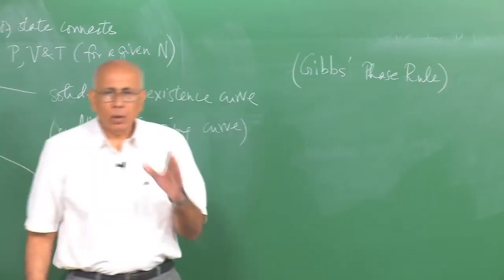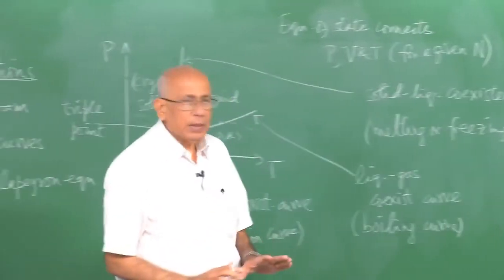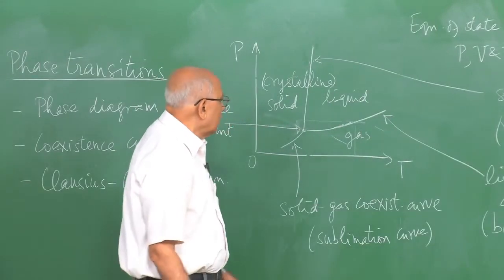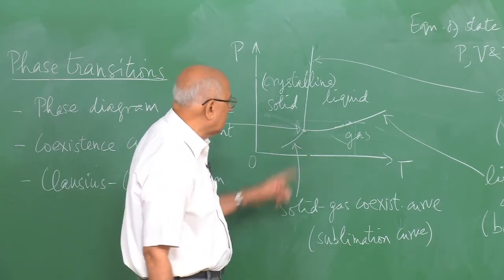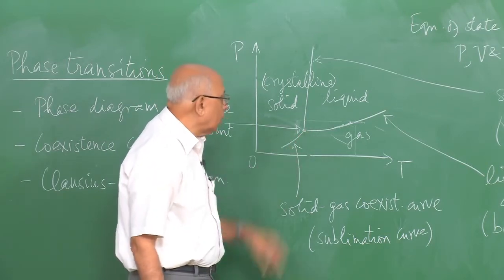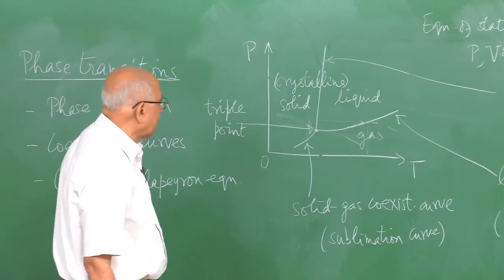For simple single component substances, one chemical species, one molecular species, you can have no more than 3 phases in coexistence at any point here, and this is one such example where you have 3 phases in coexistence.